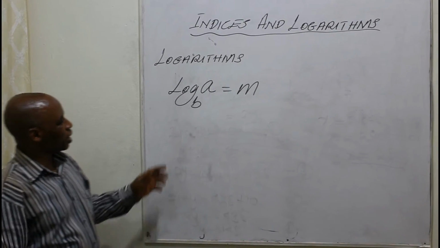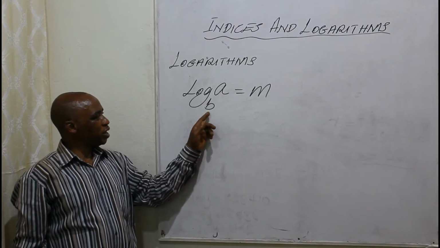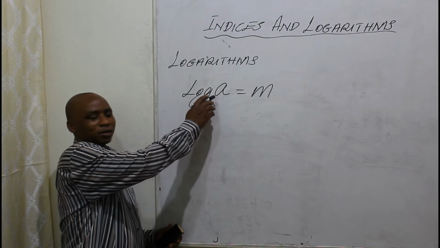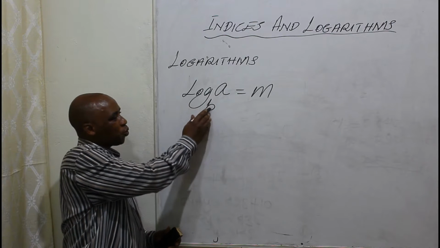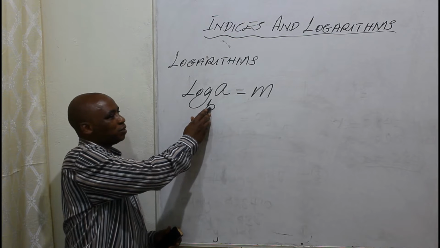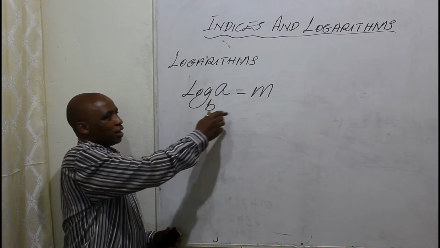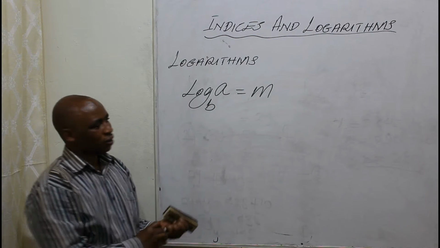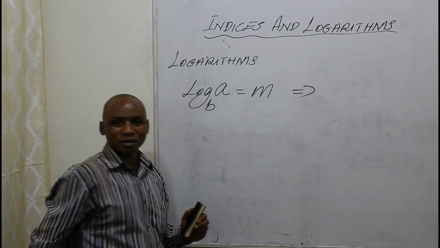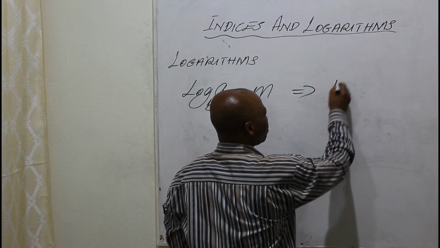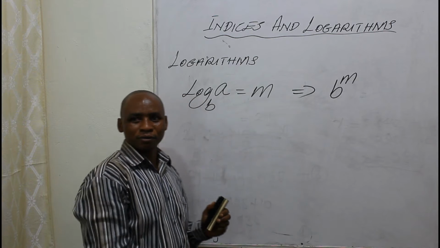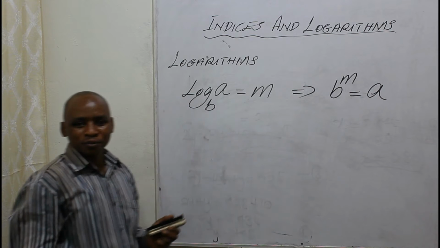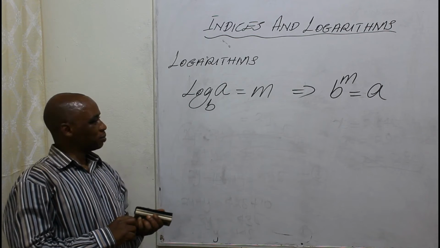It is mathematically written as log A to base B equal to M. So log A, base B, means the power to which B must be raised to get A, and that power is M. In index form, we can express this as B raised to the power M equal to A. So that's the meaning of logarithms.